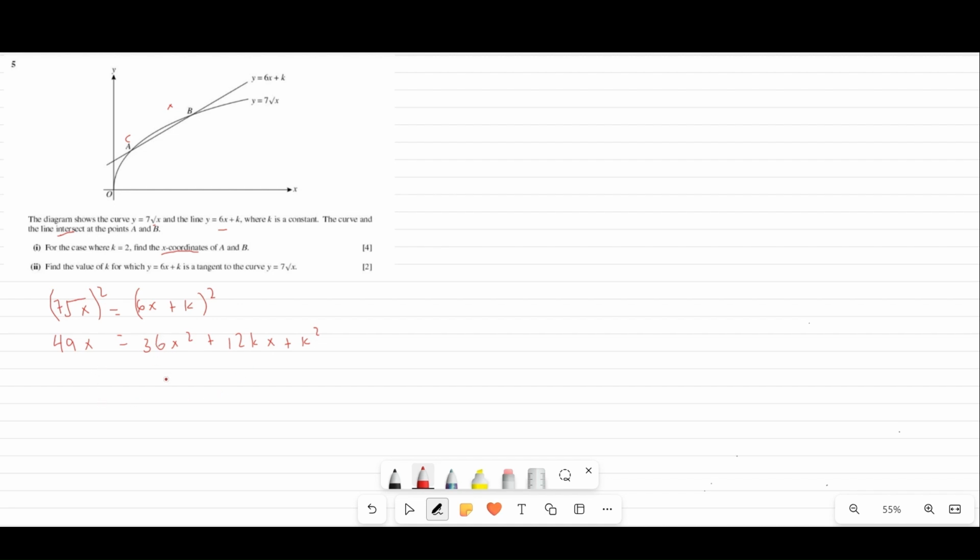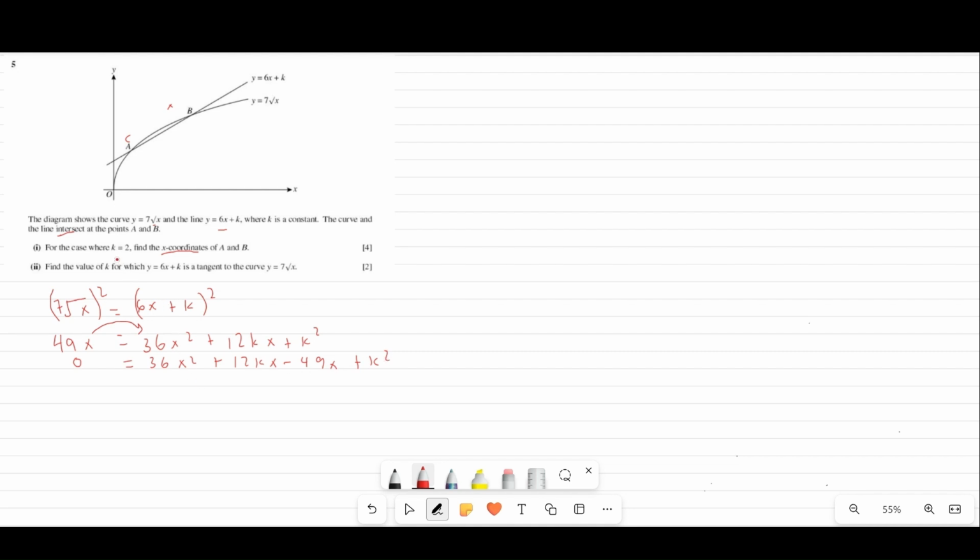Since we're solving a quadratic equation now, we need to make sure it's equated to 0. So I need to take this over to the right hand side, and I'll be left with 0 equal to 36x squared plus 12kx minus 49x plus k squared.